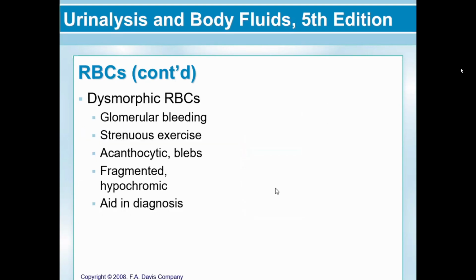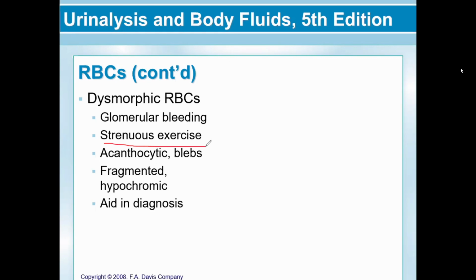Okay, so next, we also have what we call your dysmorphic RBCs, okay? Yung mga dysmorphic RBCs natin, they may vary in shape from the normal, okay? So parang abnormal yung kanilang shape, okay? So we can see them in your glomerular bleeding or in normal conditions like, for example, after a strenuous exercise.